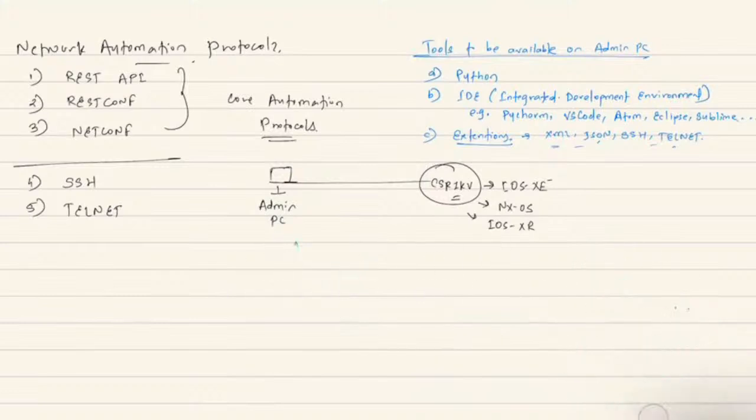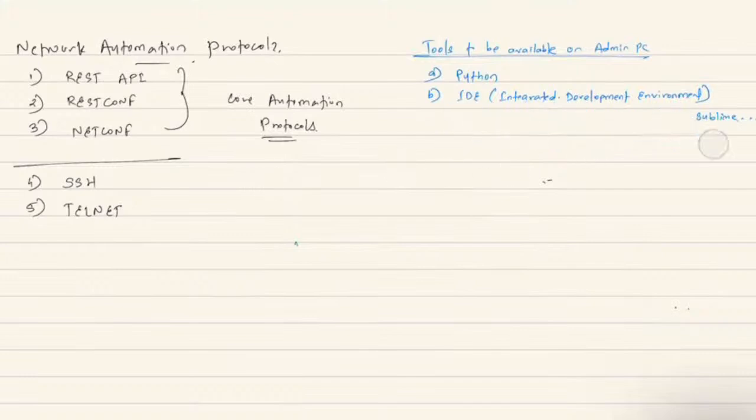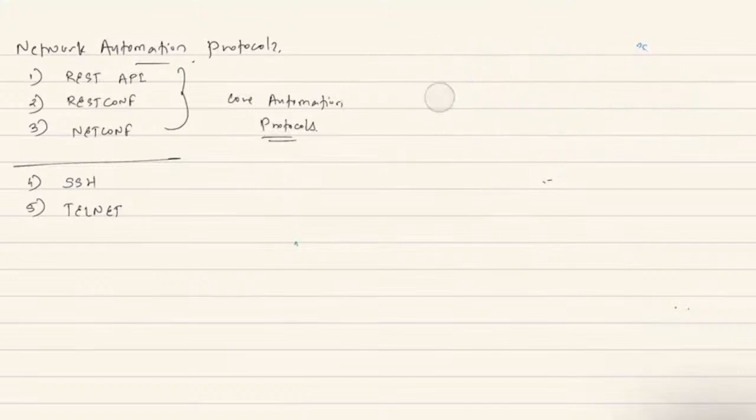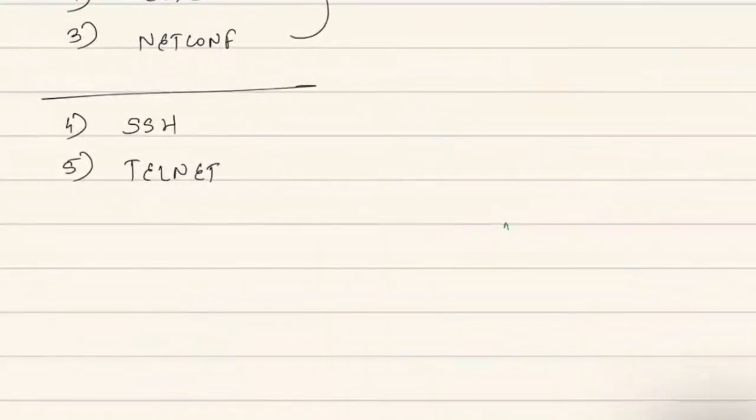Generally, when we talk about Ansible, Ansible is used in various domains.